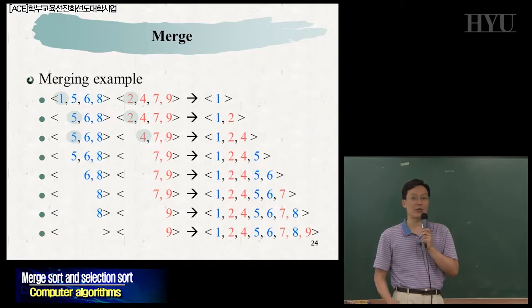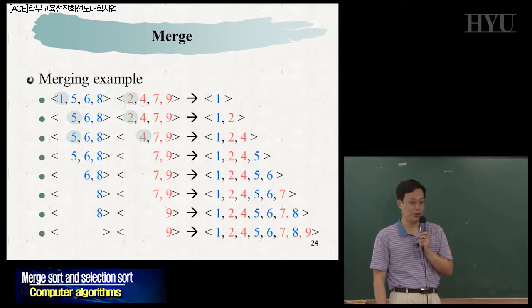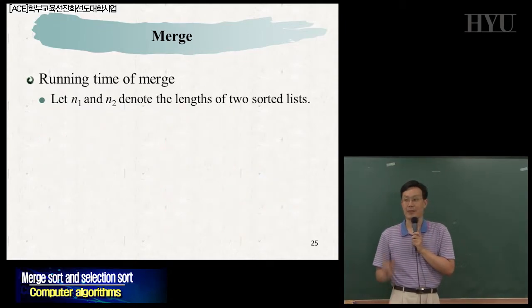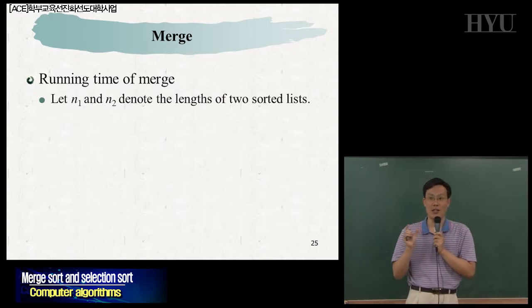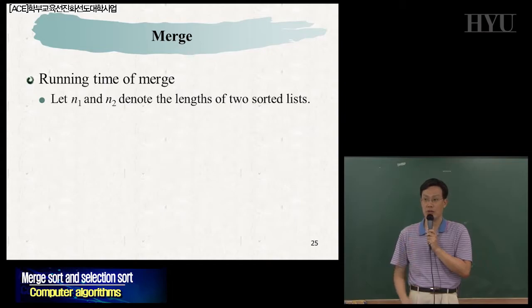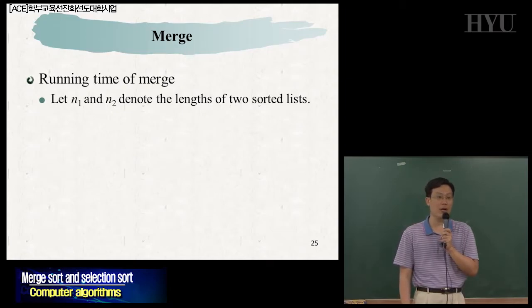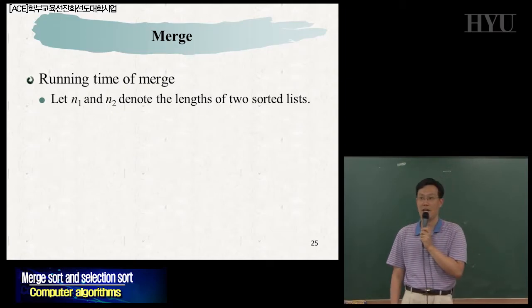Then let's check out the running time of merge. Let N1 and N2 denote the length of two sorted lists. Then its running time is theta of N1 plus N2.